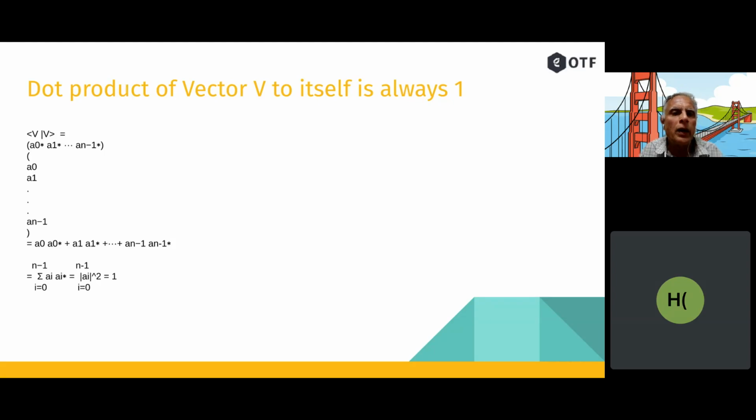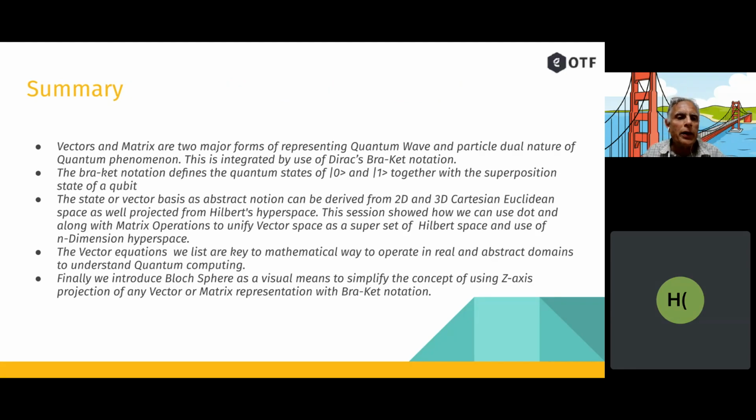But the dot product of the same with the same is nothing but 1. If you take the dot product of a state with itself, it will be 1. But if it is like x and y, which are different, then you get a 0. We already saw that.